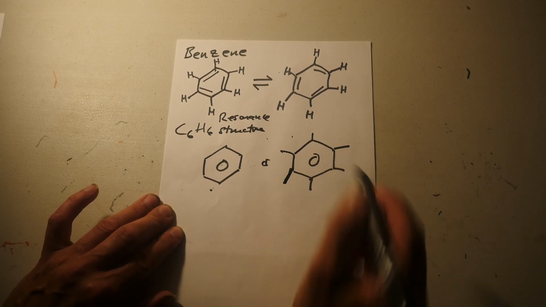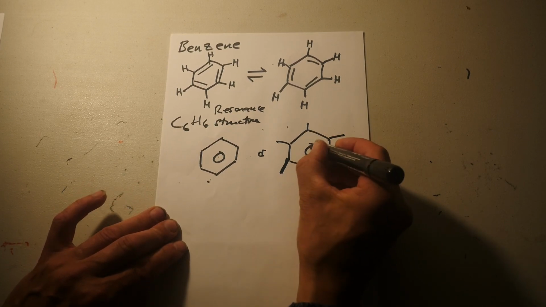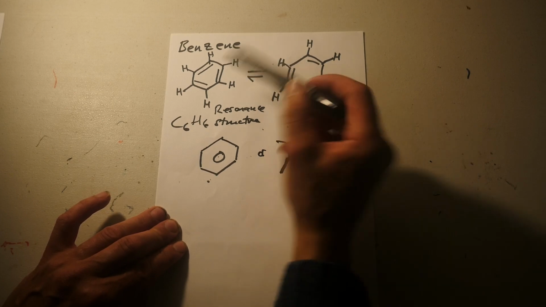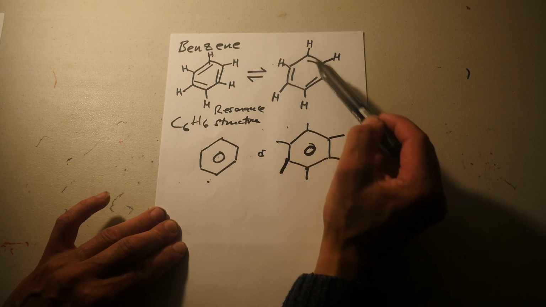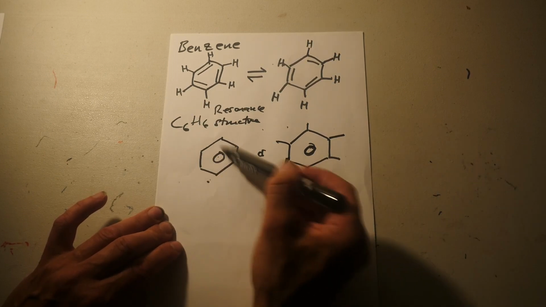That's a bit wonky, but you assume all hydrogens are present, and the reason for the circle is to illustrate the fact that double bonds are alternating between positions. They're just constantly alternating, so this just symbolizes that.